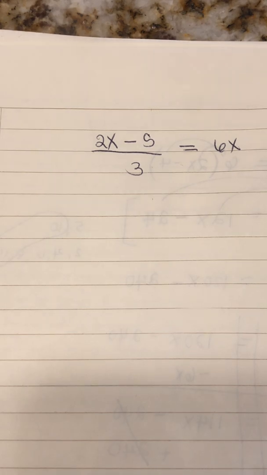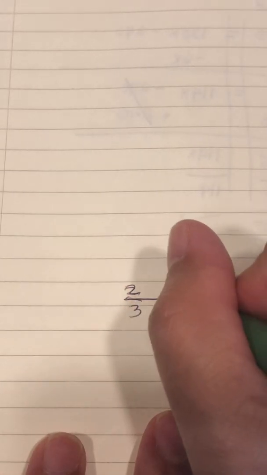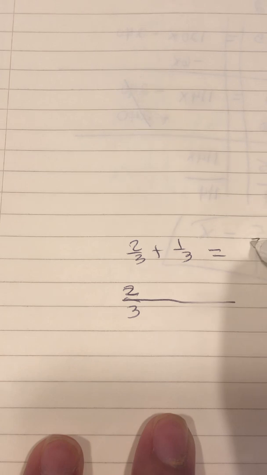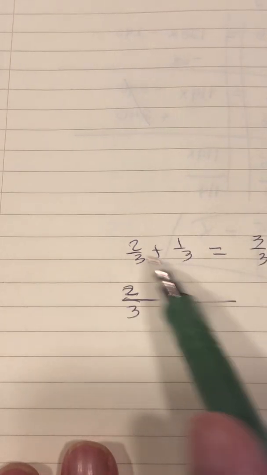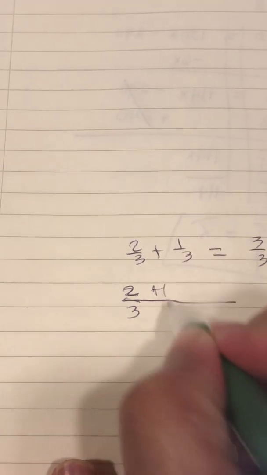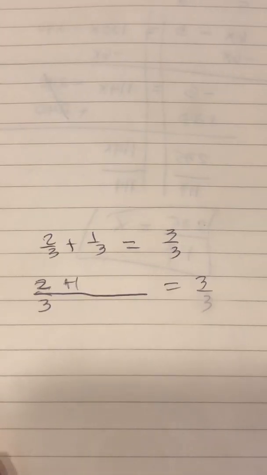So remember when you were in 6th grade, when you were doing fractions such as 2/3 plus 1/3. 2/3 plus 1/3. That will just give you 3/3. So because when you have the same denominator, you could just add the numerators. So that becomes 2 plus 1, and then it's just 3 over 3. You see? That's the same concept we have here.